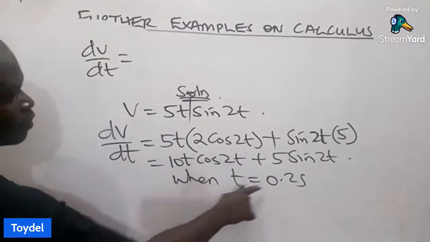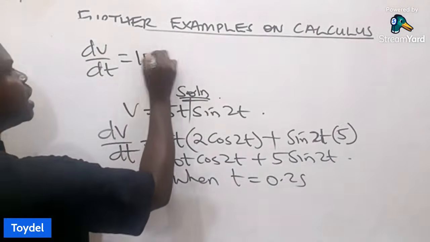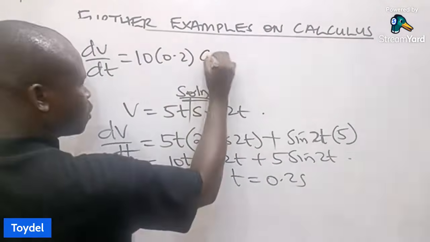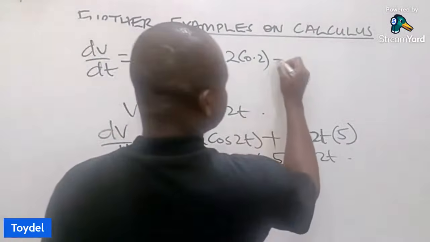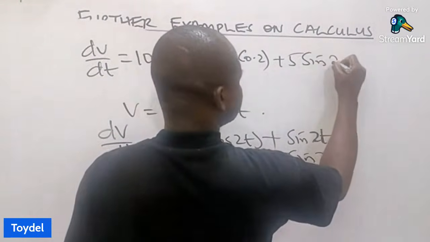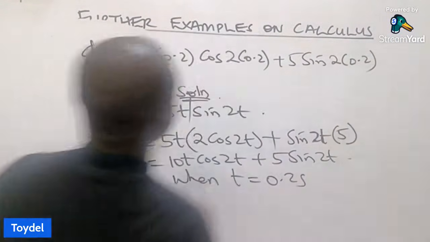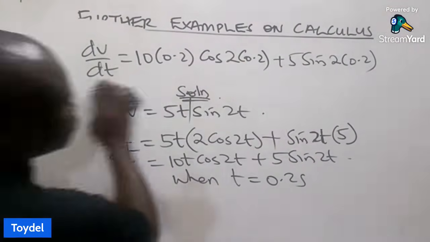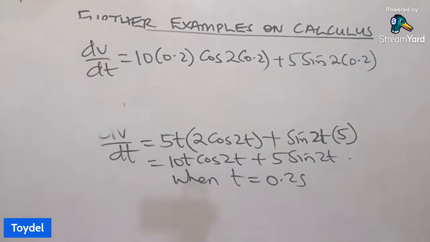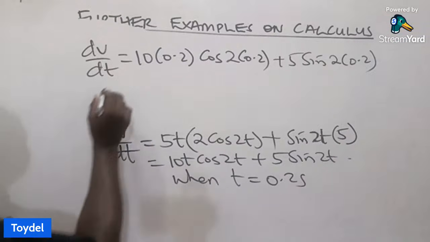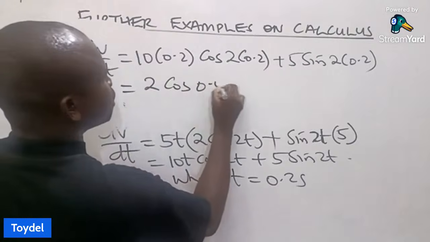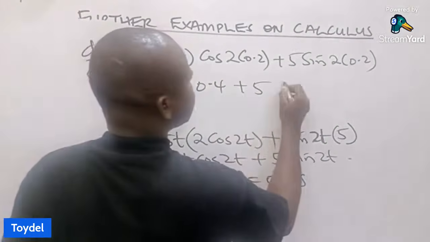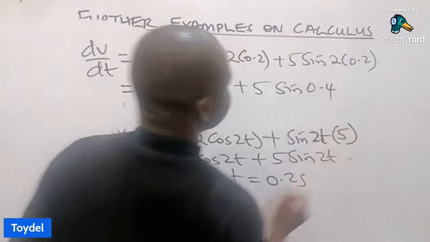Wherever we see t there, we substitute the value of 0.2 seconds, and it will be 10 into bracket 0.2 cos 2 into bracket 0.2 plus 5 sine 2 into bracket 0.2. That is what you are going to get. Then from there, we are going to expand. This will be 2 cos 0.4 plus 5 sine 0.4.